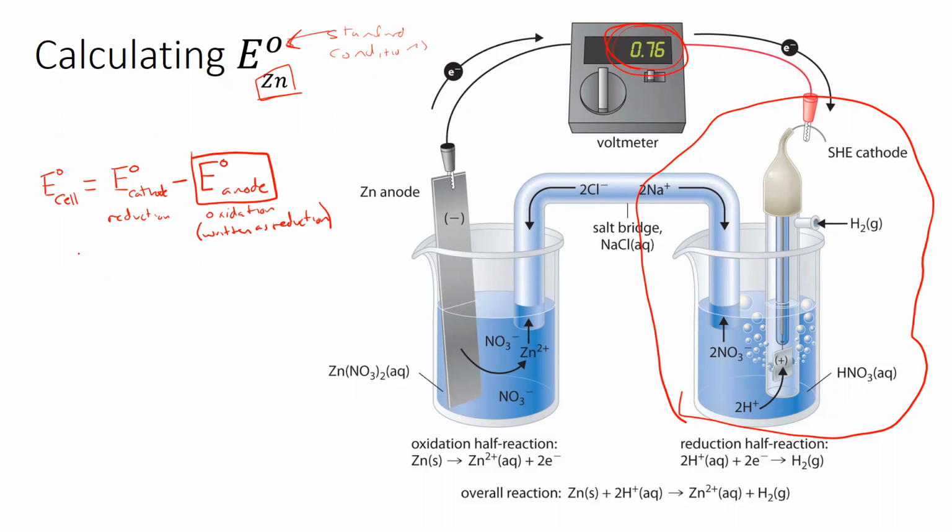If you go directly to the table, you could say the potential for this cell would be the E naught for the hydrogen minus E naught for the zinc. So on this one, you would get 0 volts minus negative 0.76 volts.